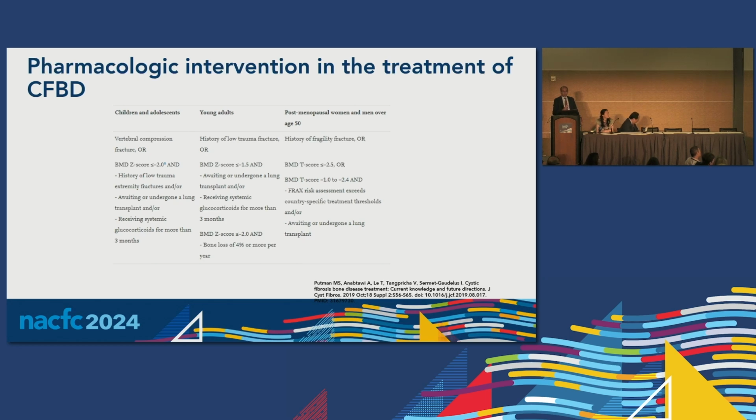In young adults, it's a history of low trauma fracture and Z-scores as well. And in postmenopausal women and men over 50, it's a history of fragility fracture, which is defined as a fracture from standing height, as well as T-scores and so forth.